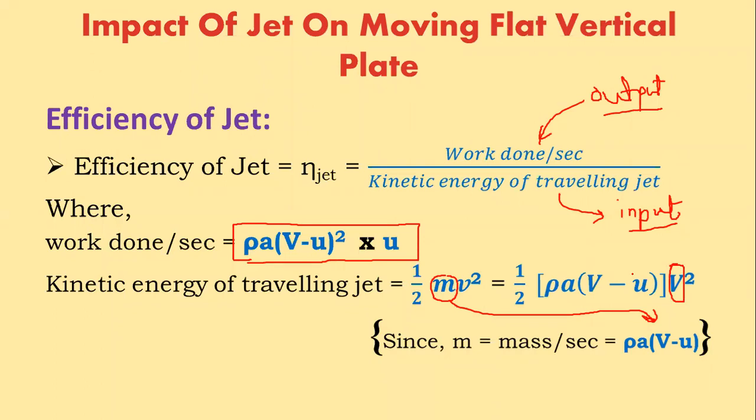It is the input velocity with which the jet is traveling, the absolute velocity capital V. So kinetic energy will be half rho a into bracket v minus u bracket complete V square.